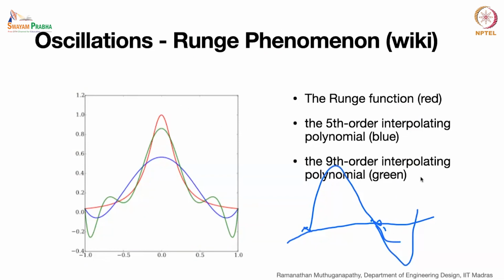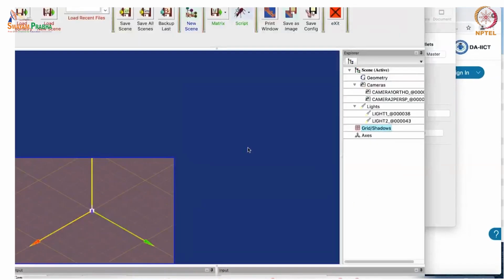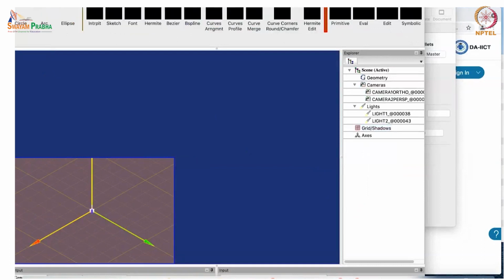In your interface you should see a lot of buttons on the left side, which I'm not seeing here. Are you seeing my screen? Are you seeing my GUI grid? Can you send me some vocal feedback? Use your mic. Yes, sir. Now you can see I have a lot of buttons opening up.